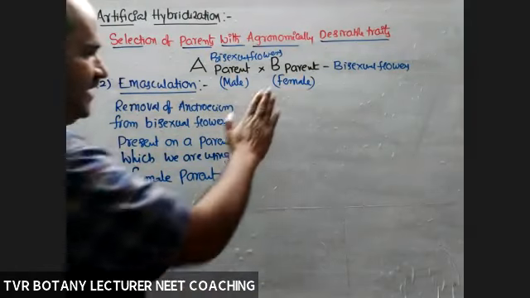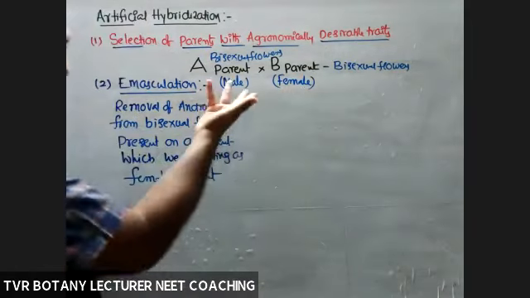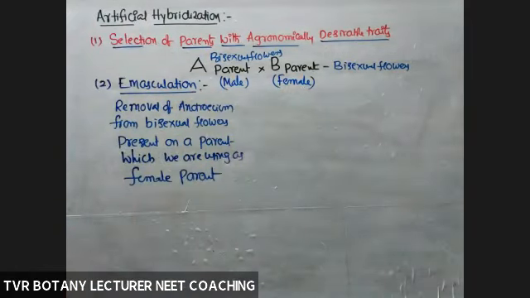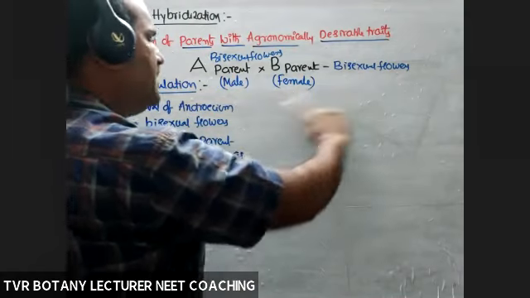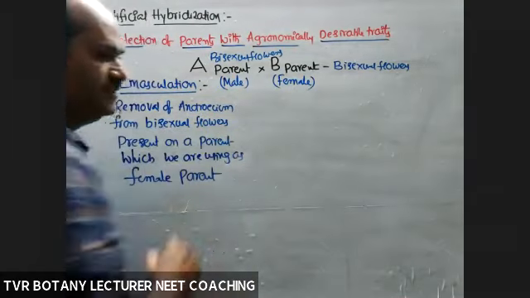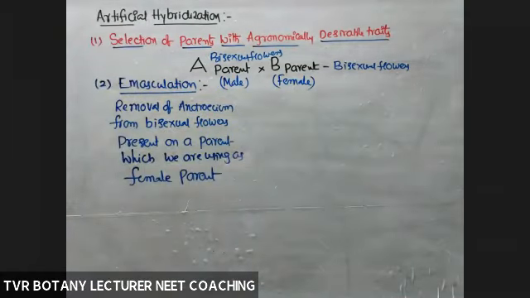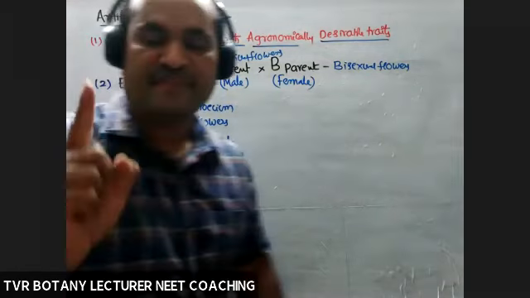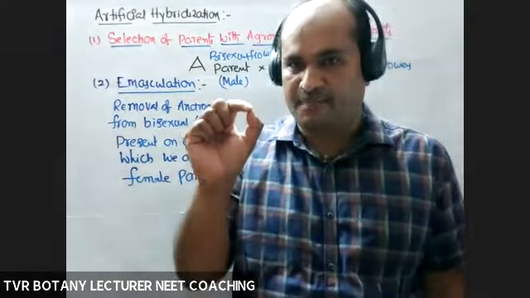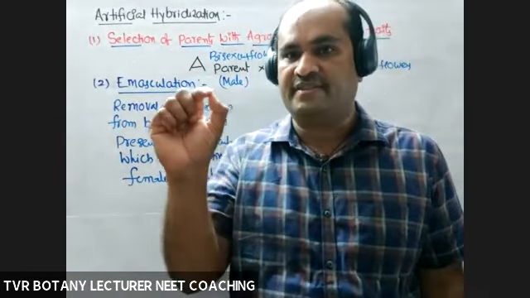Against that, if the parent is preferring self-pollination, what is the need of conducting artificial hybridization? Meaningless. So that's why we have to emasculate it. It favors artificial xenogamous type of cross-pollination. That is about emasculation.